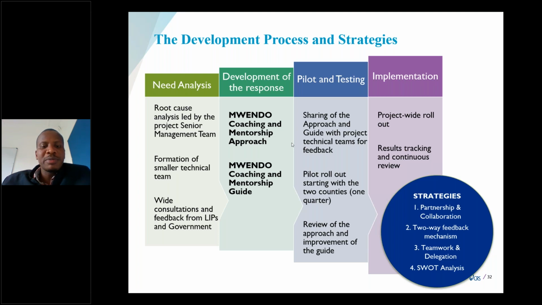And for us to be able to do that, we came up with teams starting from the senior management level that was meant to coordinate all the processes to ensure that our mentorship and coaching is quality enough. Then we formed some other smaller technical teams that involved other staff and also local implementing partner staff.